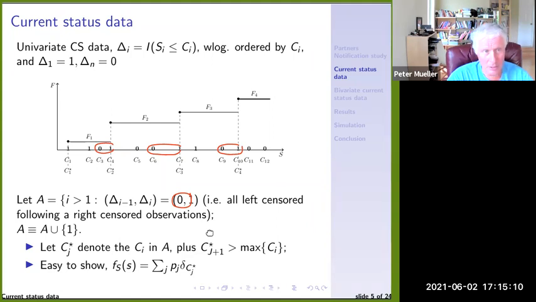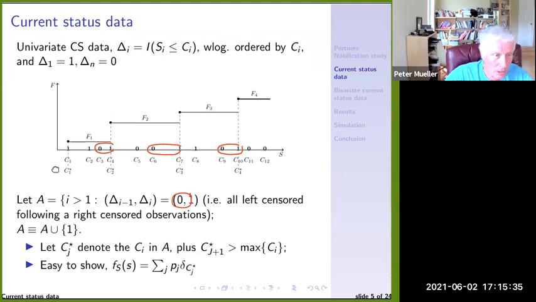Without loss of generality, let's assume that we index the patients by appearance in the clinic, so the C_i are actually ordered. And we'll assume that the first patient is a left-censored observation and the last patient is a right-censored observation. If it were different, the same comments apply, it just changes the notation a little bit.